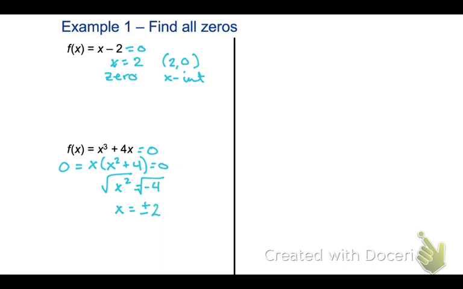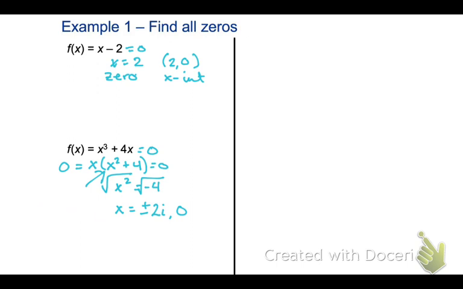So I have 2i and 0. Now, we also could factor that if we remembered. We could factor it into x plus 2i and x minus 2i. I remember talking about that last week. But we probably wouldn't. We would just set it equal to 0 and solve it.